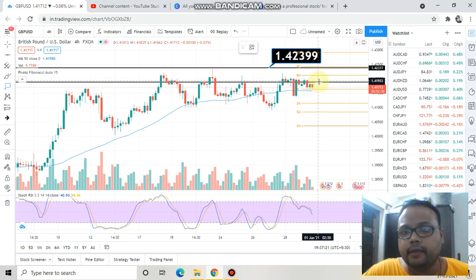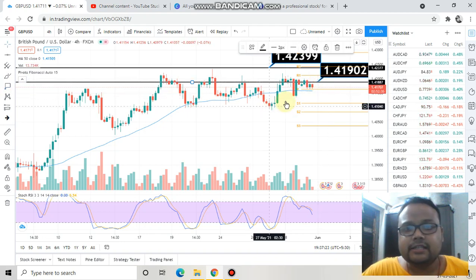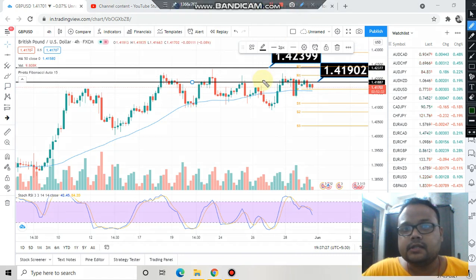So please do not make the mistake of buying GBP USD in this particular zone. This is your no trading zone, and do not make the mistake of buying GBP USD at this price level.